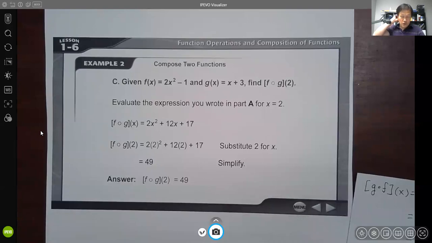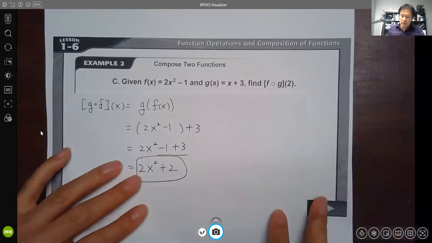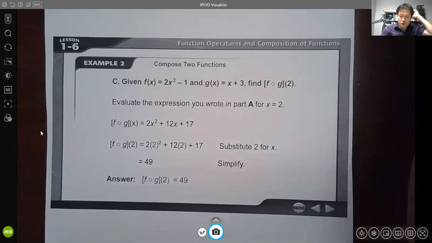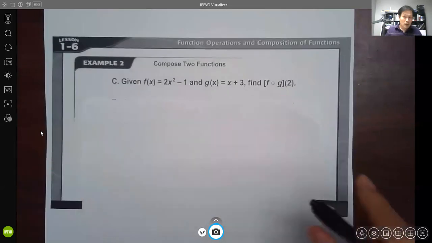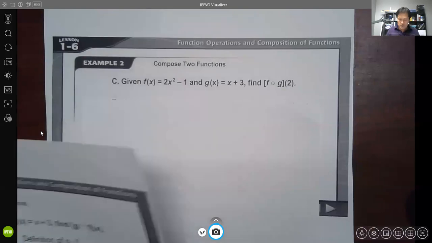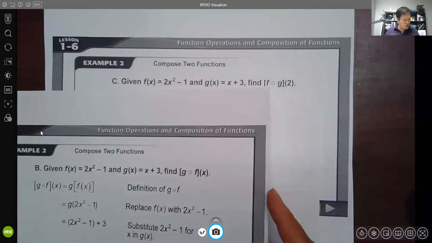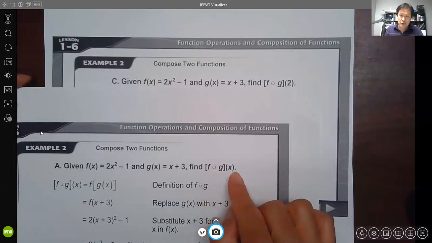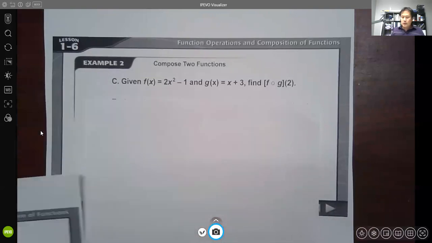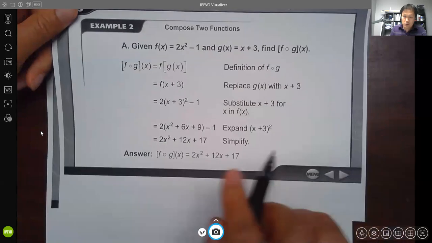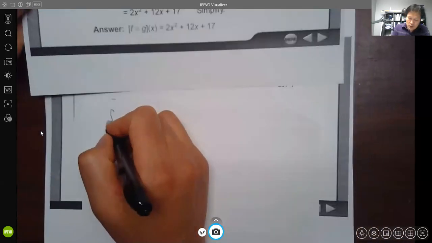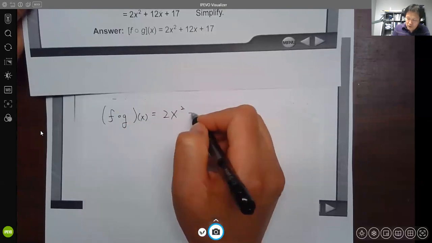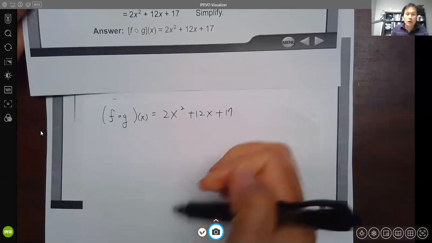Okay, the following question is asking to get f of g of 2. Well, we already did f of g of x, not g of f of x. The previous one, if you look at it, was f of g of x, right? Since we already did the work, I'm going to just look at the previous work here. F of g of x was 2x squared plus 12x plus 17.